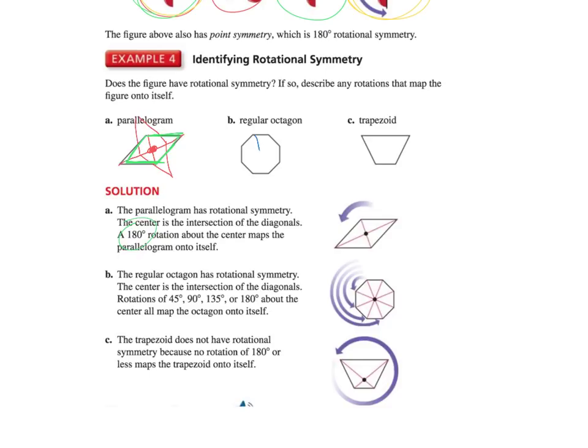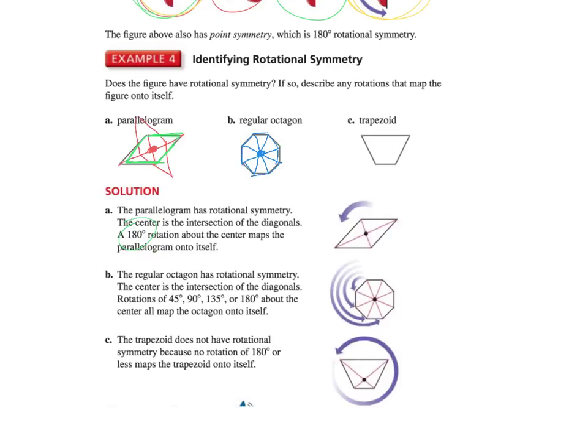For a regular octagon, here's the point of rotation. All the diagonals intersect. We could rotate it many times and it overlaps with itself. Since we're working with an octagon, we could rotate it 8 times, and it's going to shift every time.